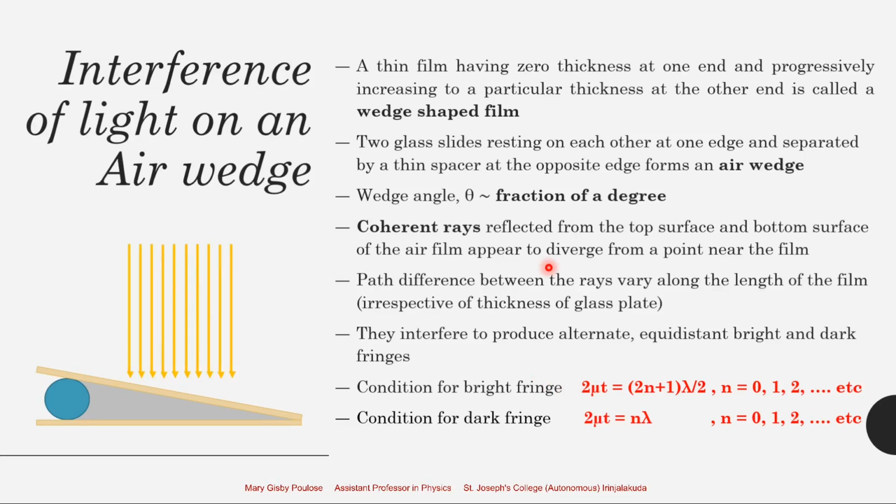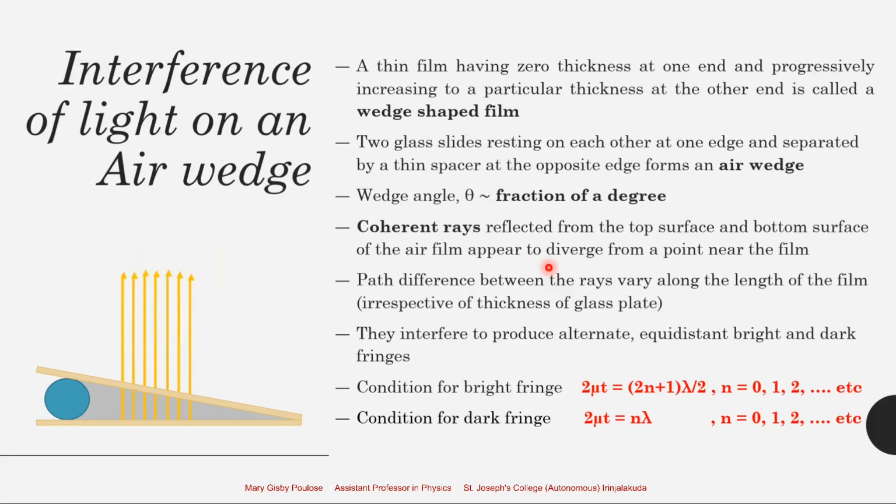So when light is incident upon this air wedge in an almost perpendicular manner, the light gets reflected from the air wedge as shown here. From the top of the air wedge, light is deviated to a particular angle, and from the bottom of the air wedge, light is reflected exactly perpendicular in the opposite direction.